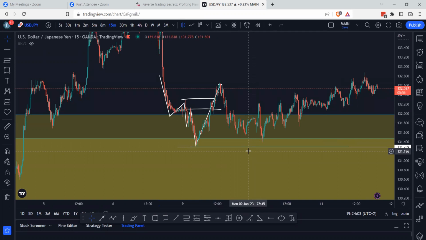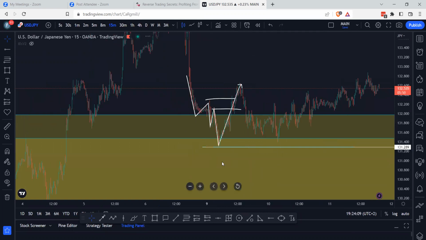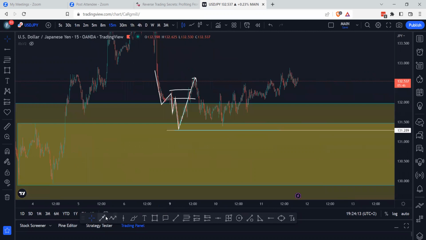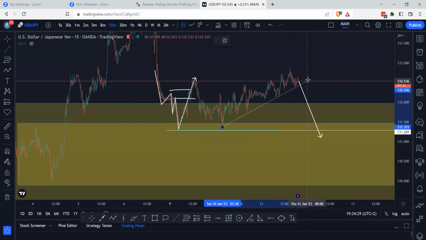So you are somebody that wants to follow the real move in the market. You are going to wait for price to still come below the zone here. So you want price to come down to take out this liquidity here. Okay, so price will take out a lot of trend line liquidity here as well.